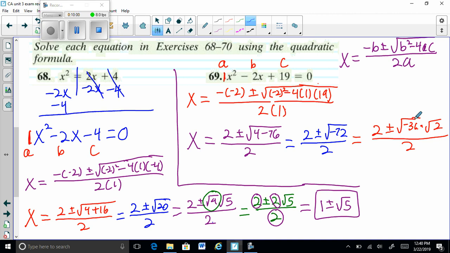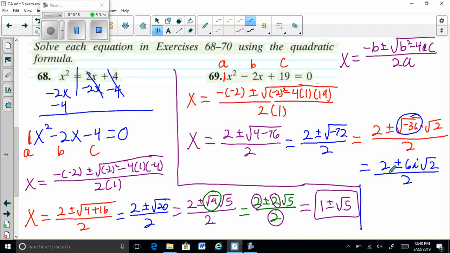And so now I'll go ahead and square root the negative 36. So now I should get 2 plus or minus 6i square root of 2, all divided by 2.